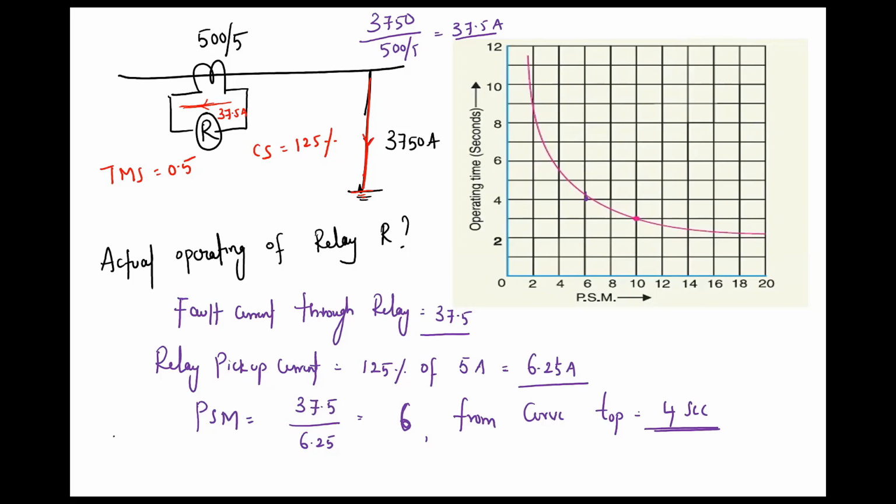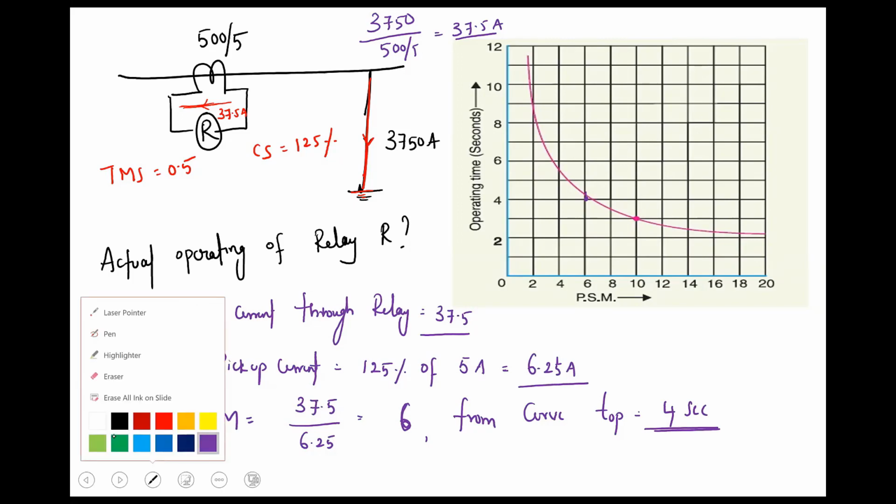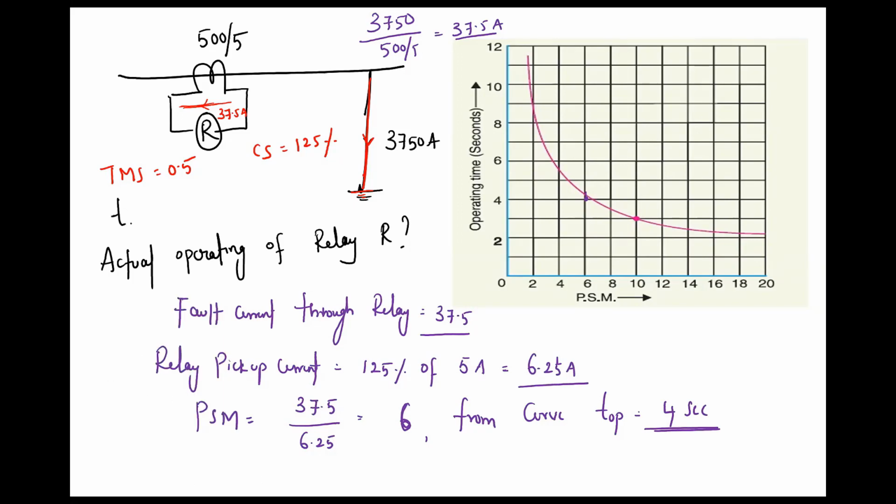But now what is the actual operating time? T actual equals operating time obtained from the curve multiplied by TMS setting. So this is 4 into TMS setting 0.5, that is 2 seconds. So this is the actual operating time of the relay for this fault.